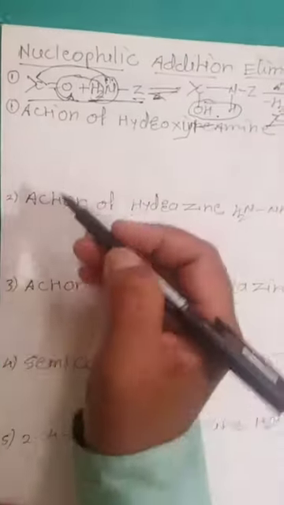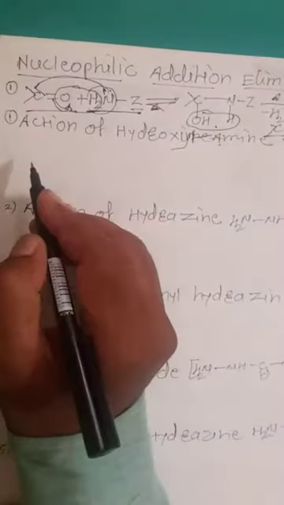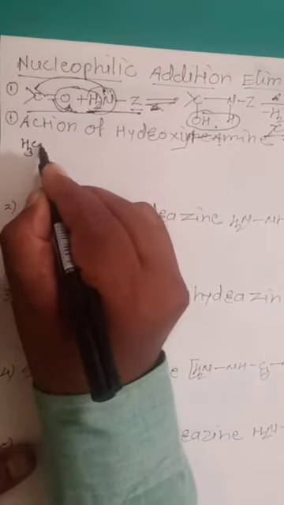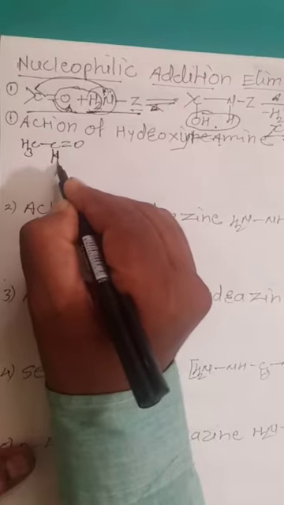First reaction is action of hydroxylamine. Here hydroxylamine is NH2OH. Consider this example: CH3 C double bond O H. This is acetaldehyde.